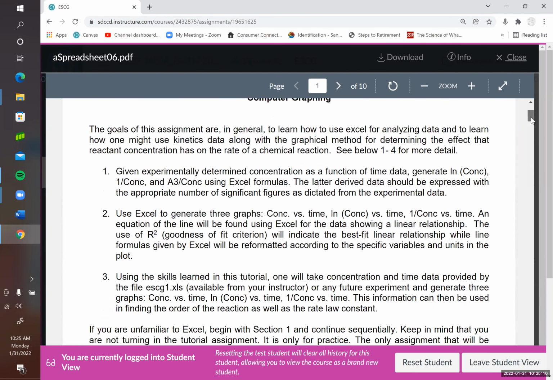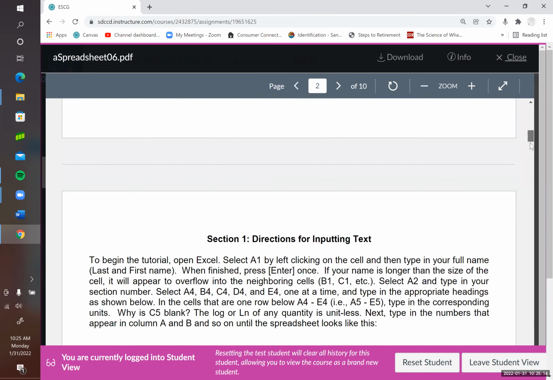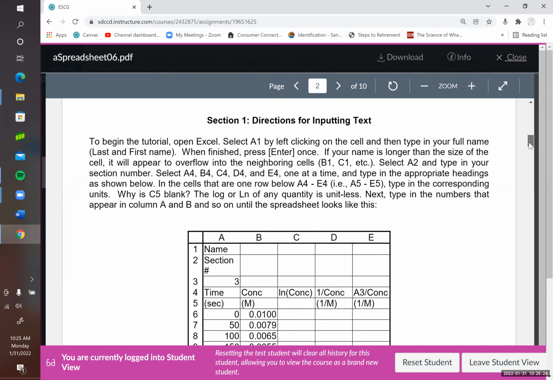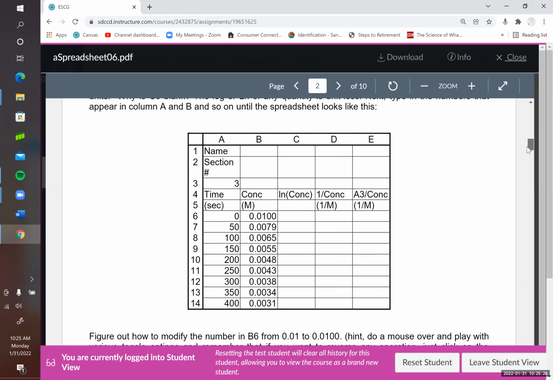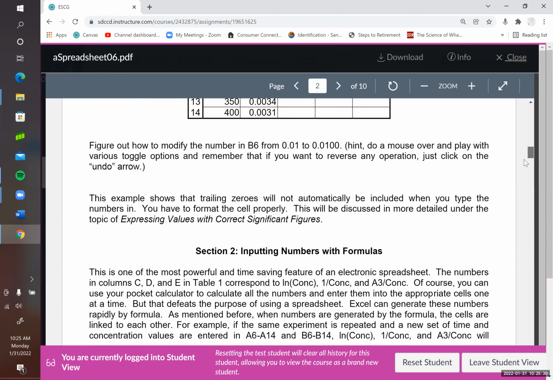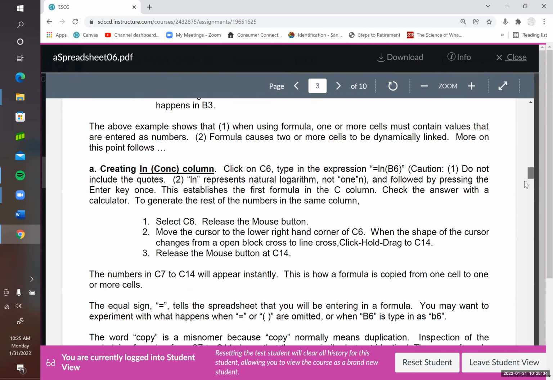All right, so here's the beginning of the lab. It talks about different parts in here. And the first part of this lab is pretty much a tutorial using Excel. It talks about how to input data and how Excel reads that data.